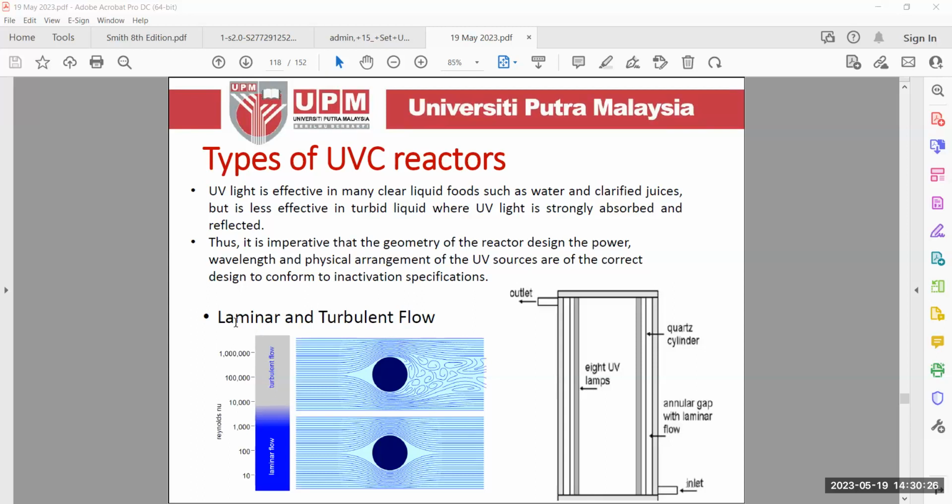Here again, as I've mentioned before, it's much more efficient if you were to use it in a turbulent flow. So the turbulent flow product is much more efficient, and if you were to have more of your light source, you can disinfect a lot more surface area.